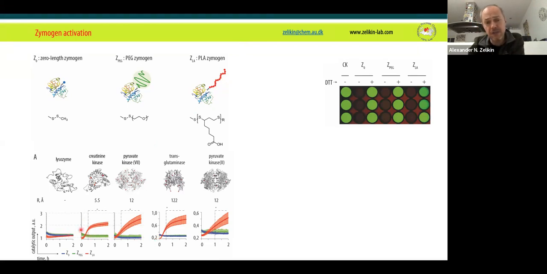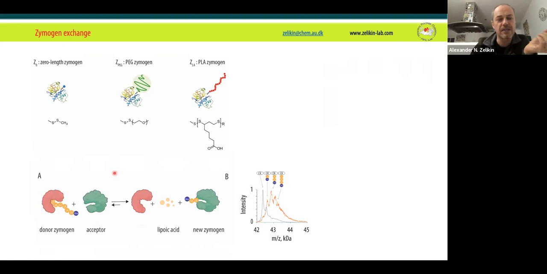But if we have the polydisulfide, it can interact with other proteins that have cysteines, and these will reactivate the zymogen. And very interesting, if we have two enzymes, both of which have cysteines, and in both cases the cysteine is important for catalysis, what we actually observe is a fantastic zymogen interconversion reaction, where the donor zymogen loses the protecting group, but it does so through a reaction with the other protein, which acts as an acceptor of the zymogen.